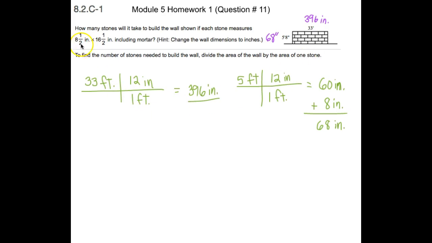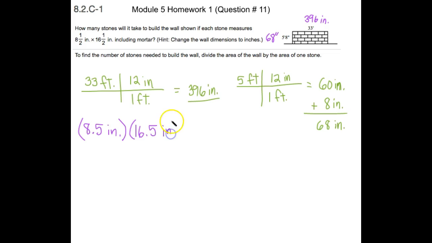So what we can do now is calculate how much area each of these bricks takes up. We can say that the length of each brick would be 8.5 inches, and we want to multiply that by the height, or I guess it might be height by length.